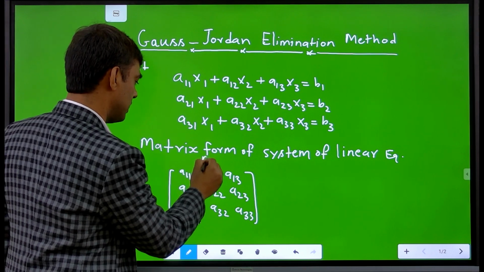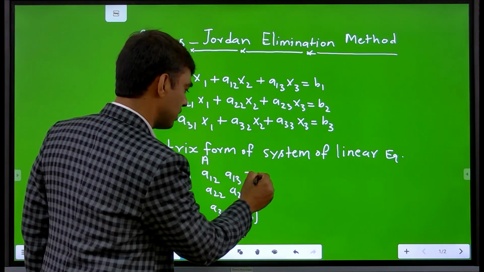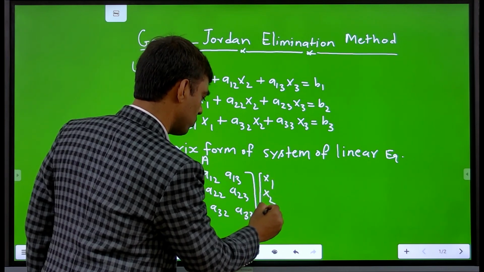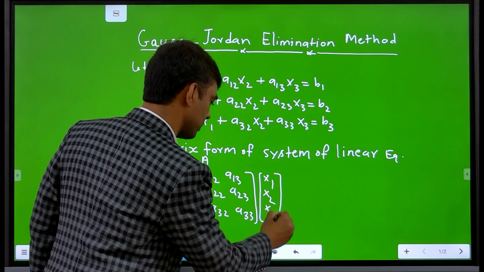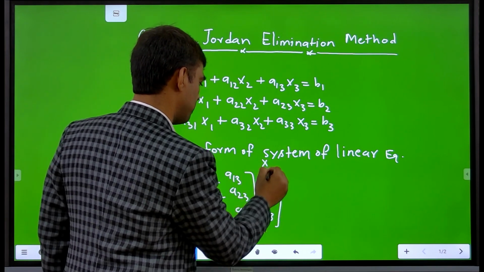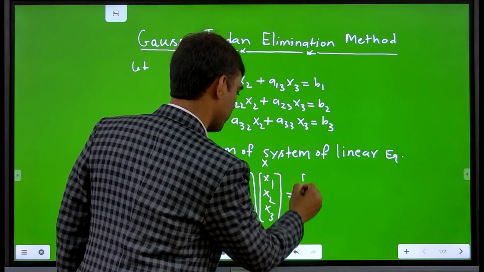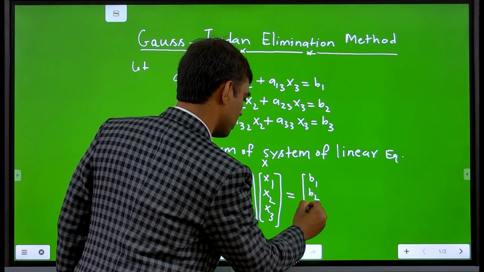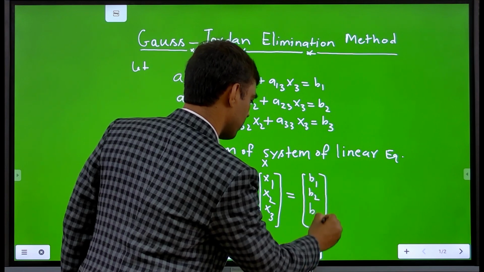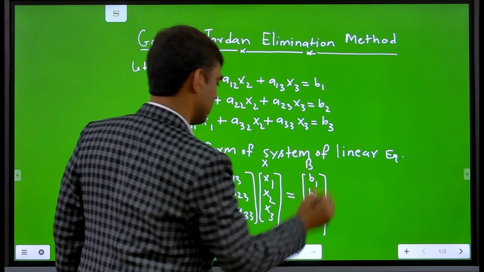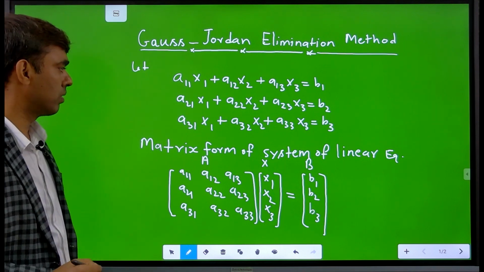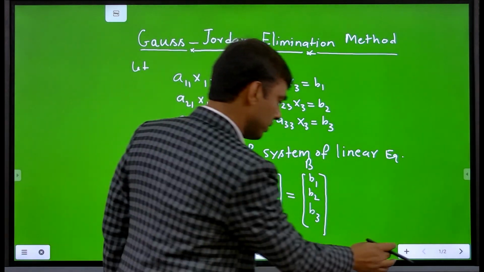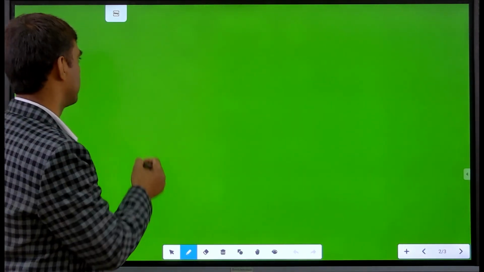So here we write A, and then we write the unknowns x1, x2 and x3, so this is capital X, equal to b1, b2 and b3, which is B. So the equivalent matrix form of the system of linear equations is AX equal B.